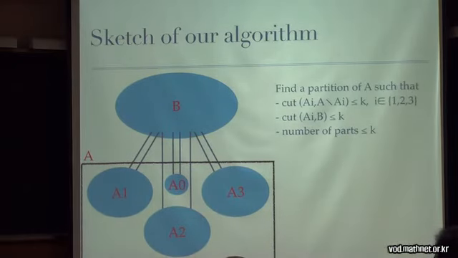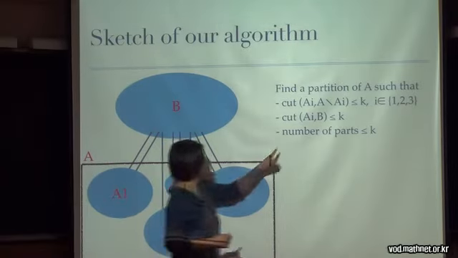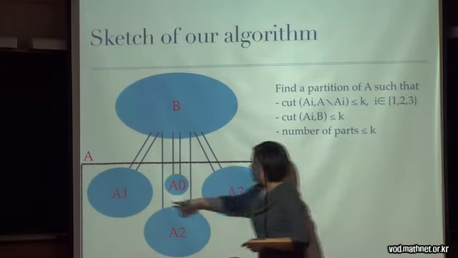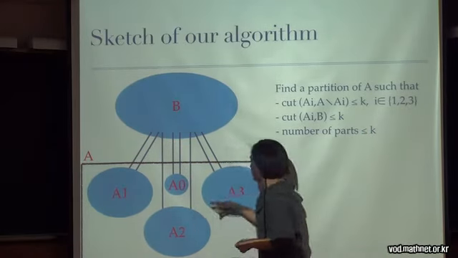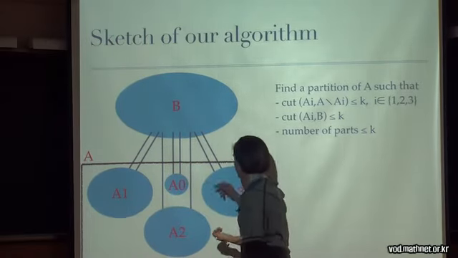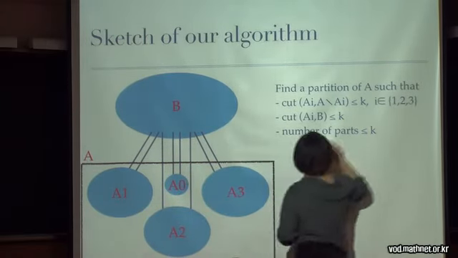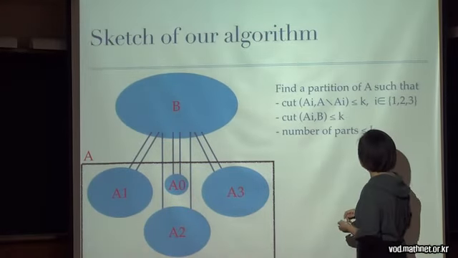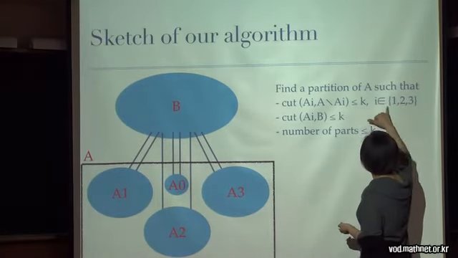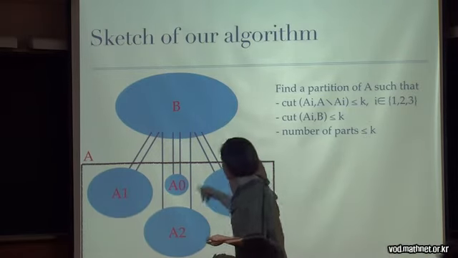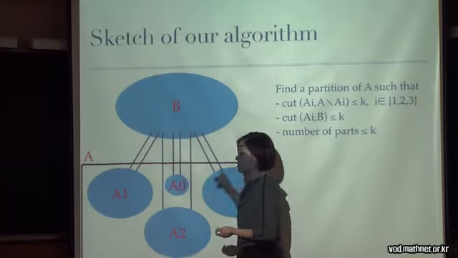So it is these three. We want to find the partition of A such that between A1 and the rest, A2 and the rest, and A3 and the rest, the cut size is at most k. I didn't write A0 here, so between A0 and the rest, the cut size doesn't need to be at most k.